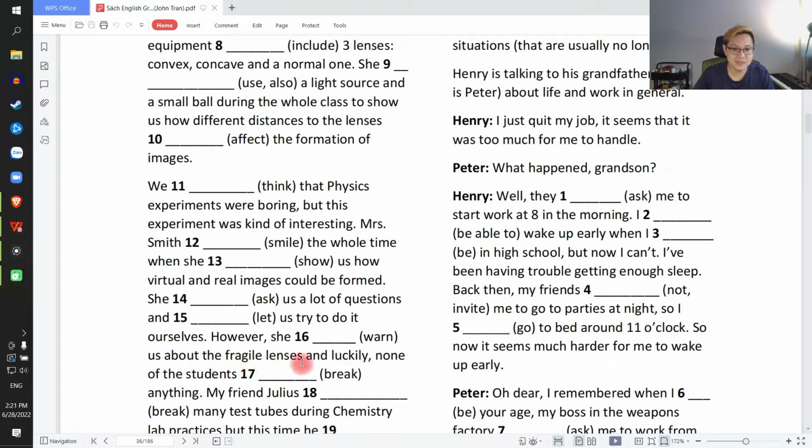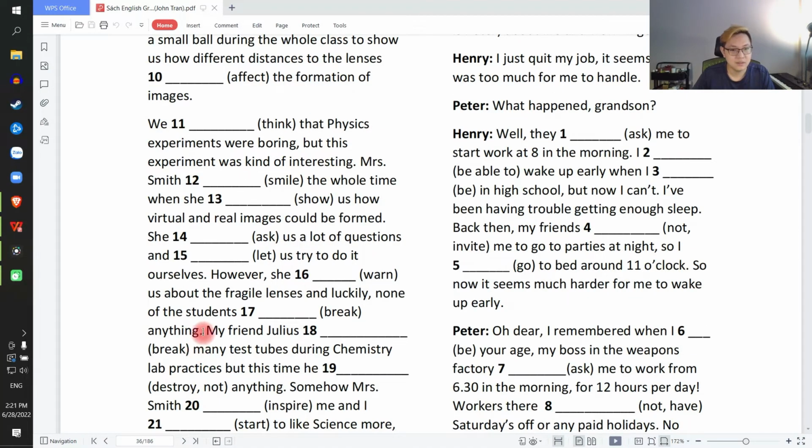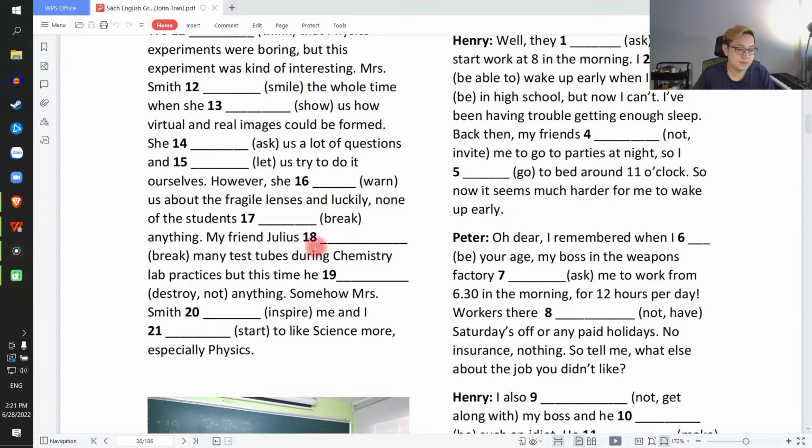Warned us about the fragile lenses, and luckily, none of the students broke anything. My friend Julius broke or used to break many test tubes during chemistry lab practices, but this time he didn't destroy anything. Somehow Mrs. Smith inspired me, and I started to like science more, especially physics.